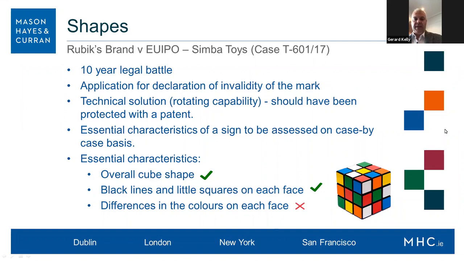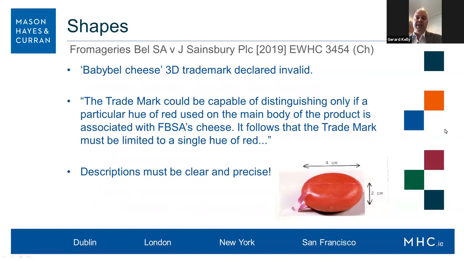So if we move on to the next slide, we'll see an example of an English case. And this is a very recent case from this year. This involved the Baby Bell wax seal over cheese products that you may be familiar with. And what was sought as a trademark here was effectively this depiction, which was described as obviously a product, which was red and in the dimensions that you see set out on that depiction.